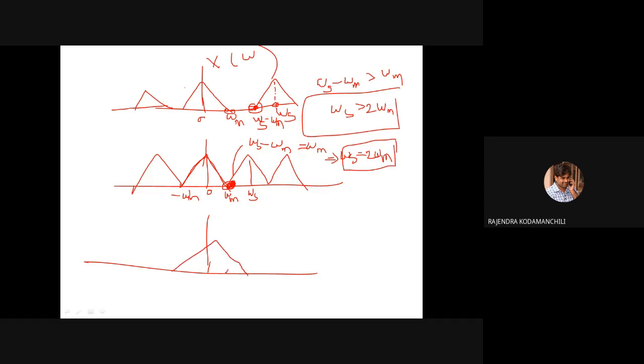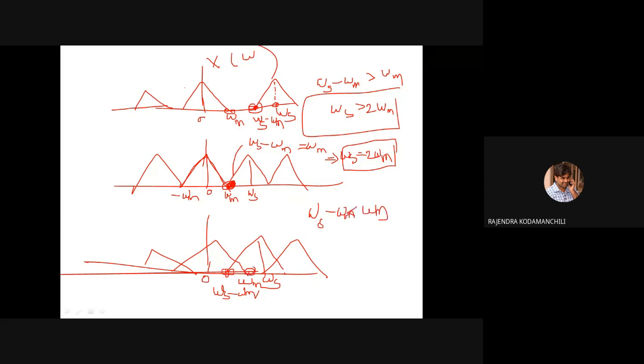So the third one, the last case. Before the first one ends, one more signal has started. Now here it is 0, it is omega m, it is omega s, and this is omega s minus omega m. Now omega s minus omega m is less than omega m.